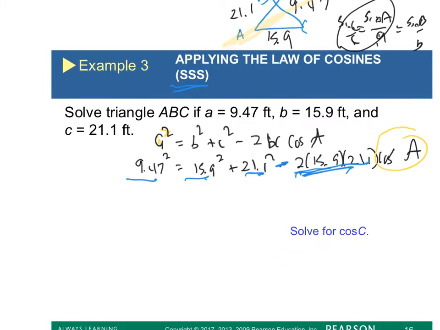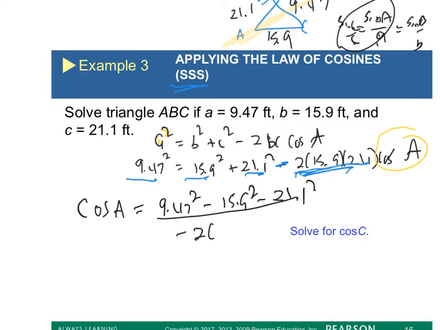So when you get done, you're going to look at this. You're going to say cosine of A will be 9.47 squared minus 15.9 squared minus 21.1 squared, divided by negative 2 times BC, 15.9 times 21.1.